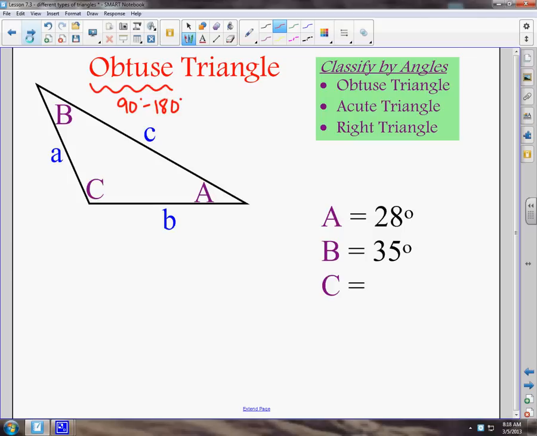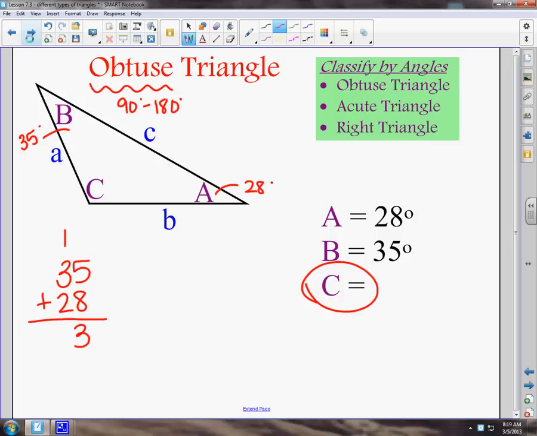So if you look here, they've given us A and B. A is a little angle. It's only 28 degrees. And B is another little angle, and that's 35. Now they want us to find C. If I add up 35 plus 28, that's 63 degrees.